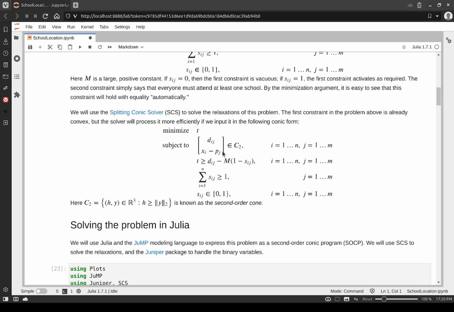Thinking a bit more about it, there's no way that an optimal solution is going to have a greater distance between schools and families than the overall diameter of our city. We can think about the diameter of the city as the largest possible distance between any two families, and know that d_ij is never going to exceed that in an optimal solution.